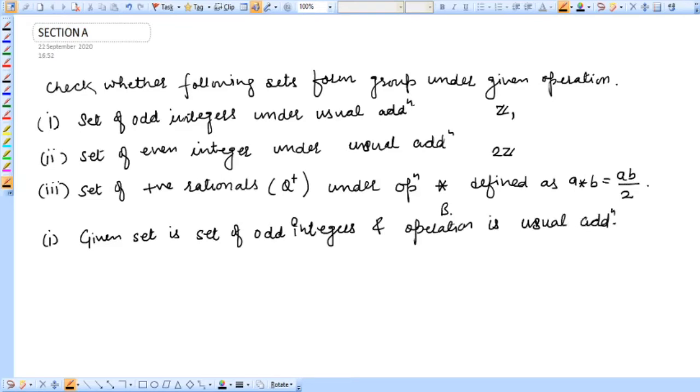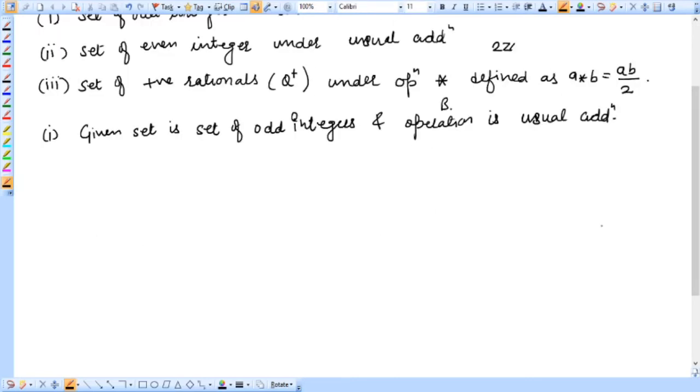So in order to make it a group, we will have to check whether or not it is satisfying all those four properties, right?